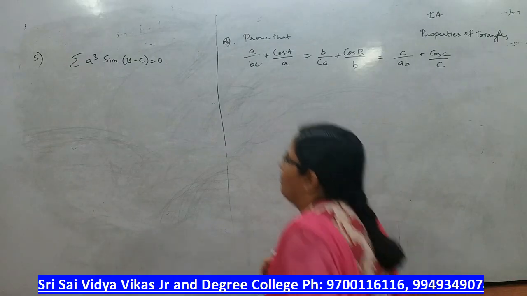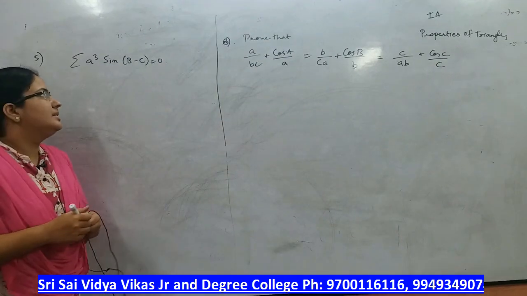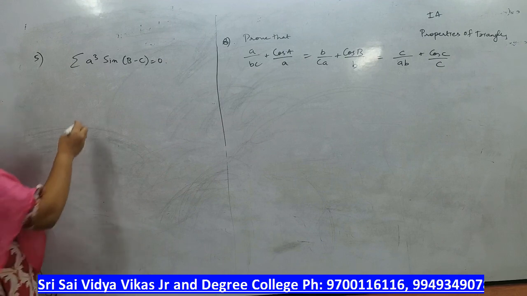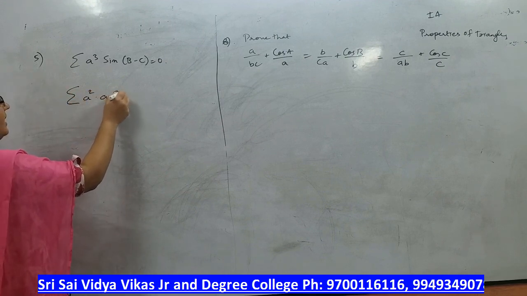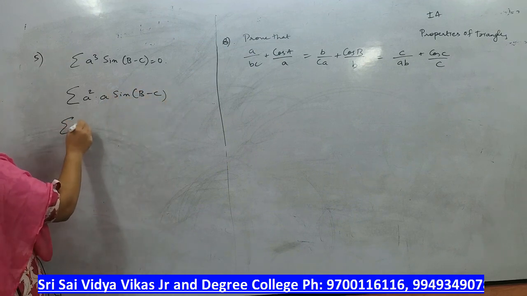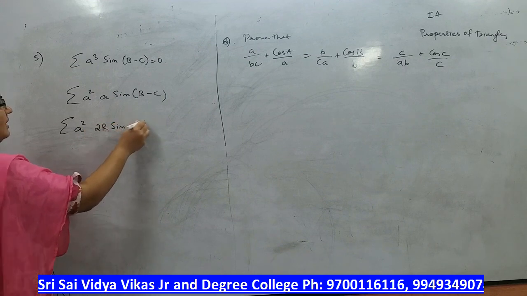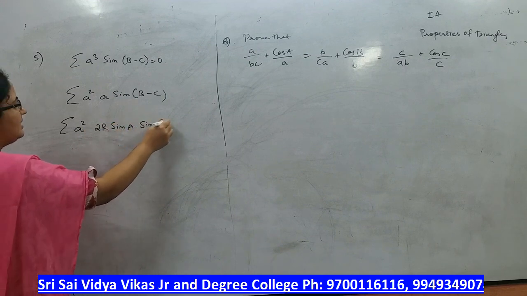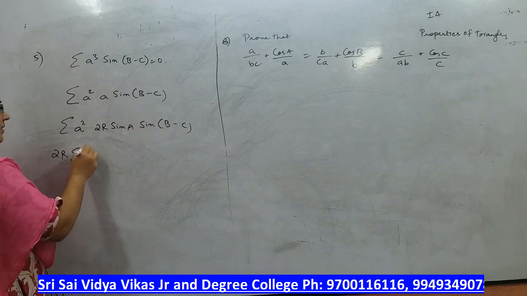We have the next set of problems. Summation a cube sin(B − C) is equal to 0. Here what you have to do is take a square out: a square into a sin(B − C). a is nothing but 2R sin A. Take 2R out, a square.